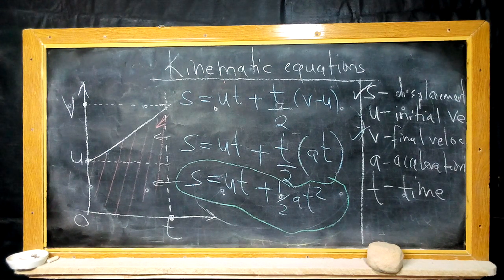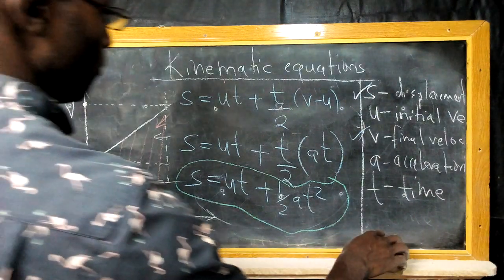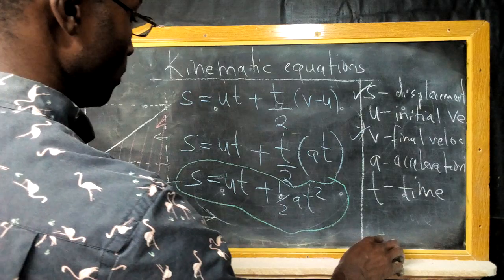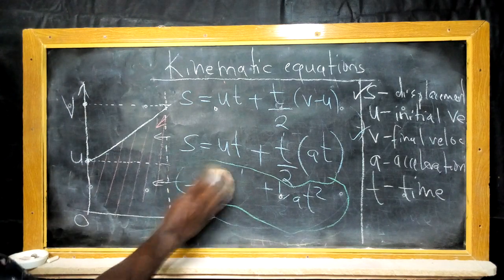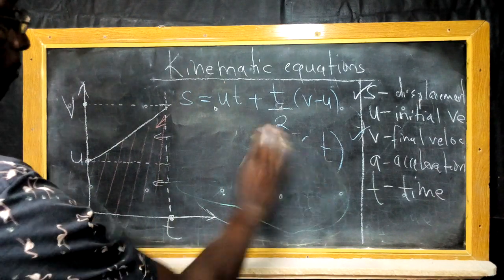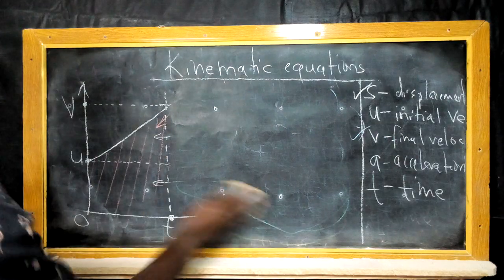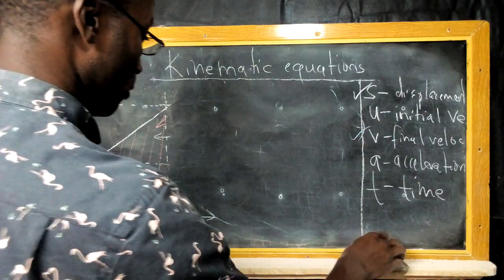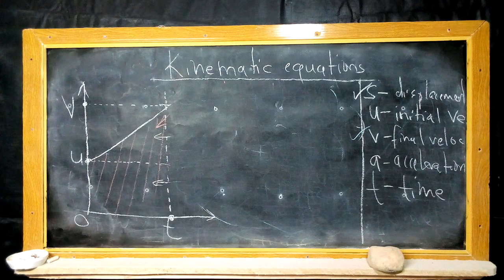And lastly, we shall look at a way of representing v. We are given v as u plus at. So we shall look at another way of representing v, which is final velocity, from this set of information.